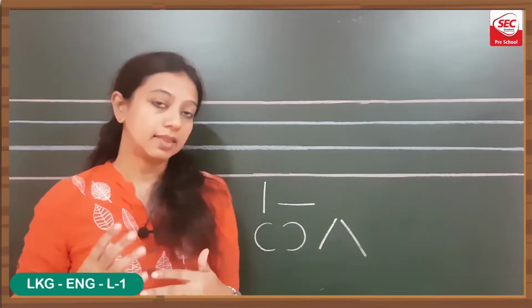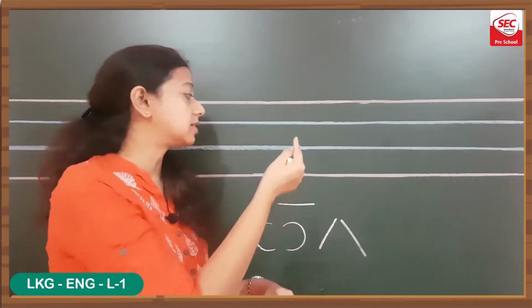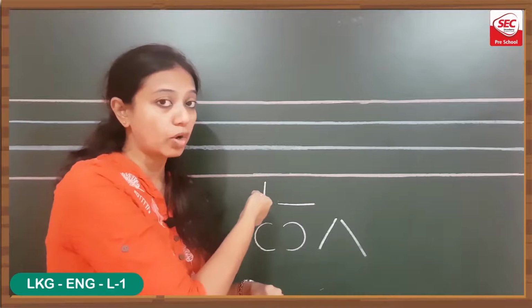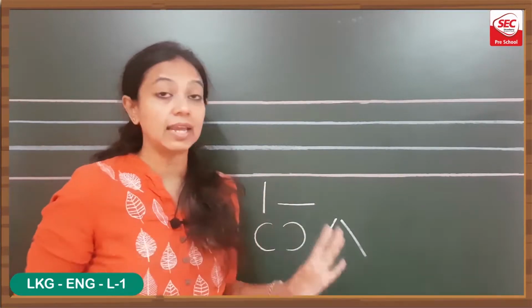While writing the alphabets in capital letters, we never use this red line that is lying at the bottom. हम कभी ये blue line को cross करके नीचे नहीं आते हैं.